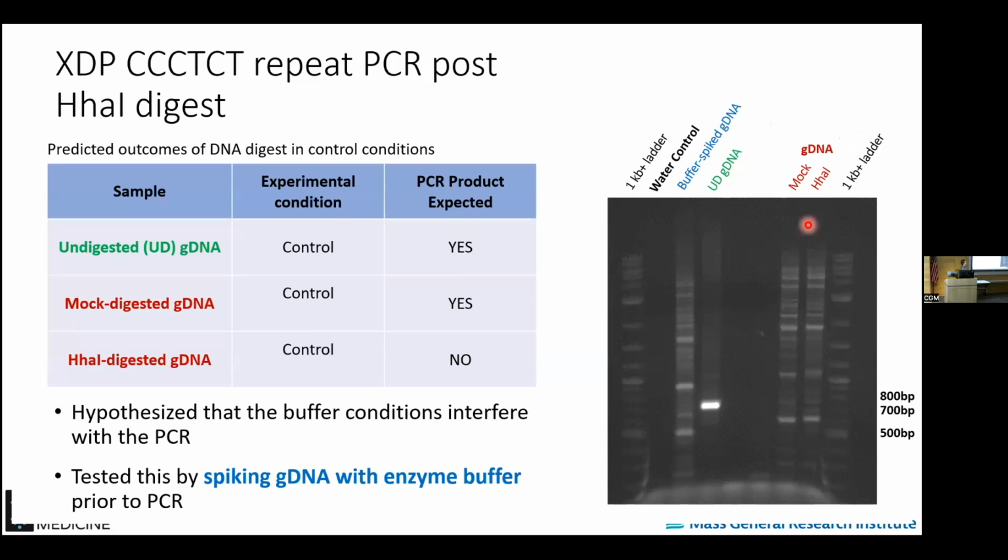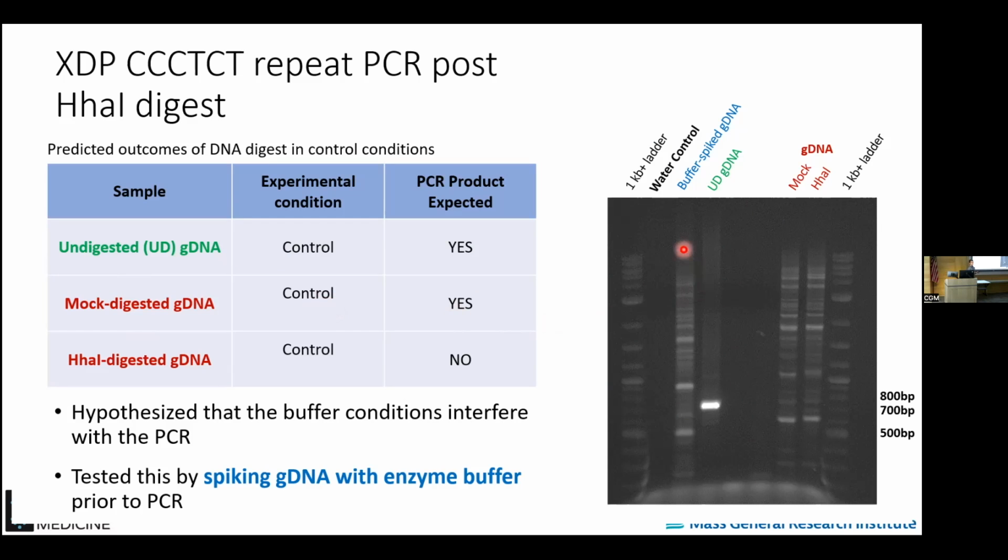So what I then did is took the genomic DNA that I had digested and ran it through my optimized PCR. My controls for this were the undigested genomic DNA, as you can see in this well, which gives us our expected product. So we know our PCR is working. Next was our mock-digested gDNA.